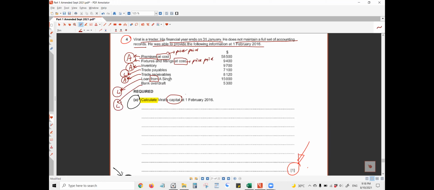Okay, if you show all the calculations, you should be able to get 58320. So begin with this figure, 9400. I'm summing up all the assets, okay?